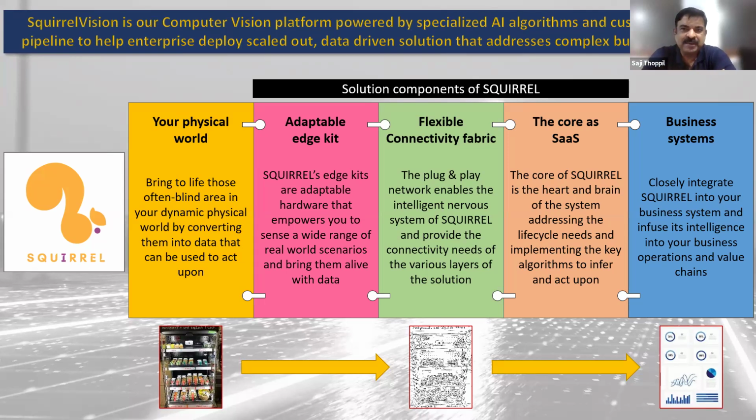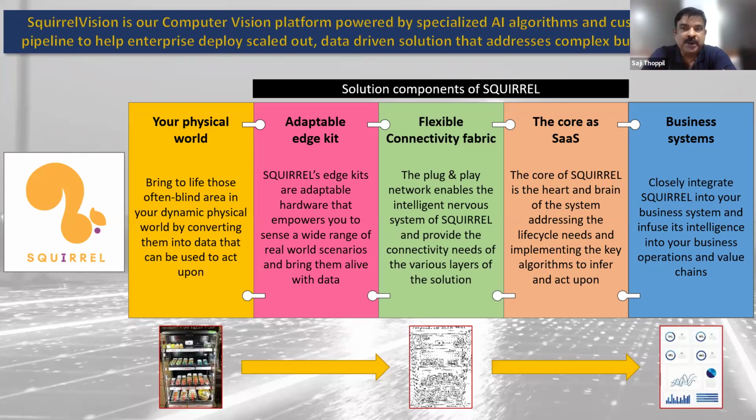How do you establish something in a very frugal way, which connects some of these edge locations to a hub or a central location? So that's where we're bringing the flexible connectivity fabric, by which you connect this edge to some central location, where you do a lot of the processing, right?